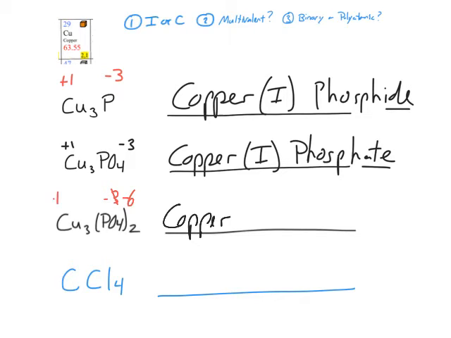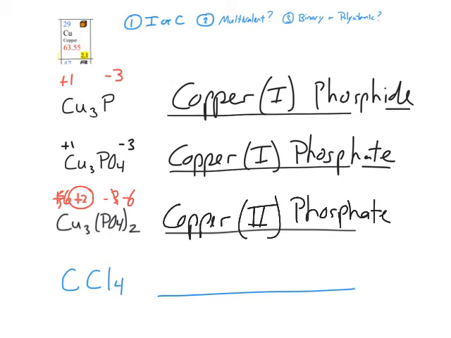On this side, I need a +6, but it's divided between 3 atoms. So each one would have to have a +2 charge. I'll take that +2 and write it as a Roman numeral in the name. So it becomes copper 2. Once again, we're dealing with a polyatomic, so copper 2 phosphate is the official name for this compound.